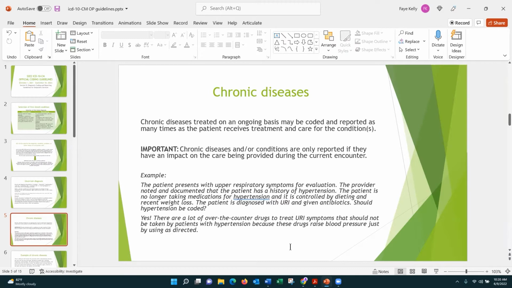How do we know what to code and when to code? Sometimes it's just a matter of policy for that specific physician. If you are focusing on the guidelines, which is what you have to do until a physician says we don't code certain diagnoses, then you're going to code based on these guidelines. This is what supports you as a coder for being accurate and complete.